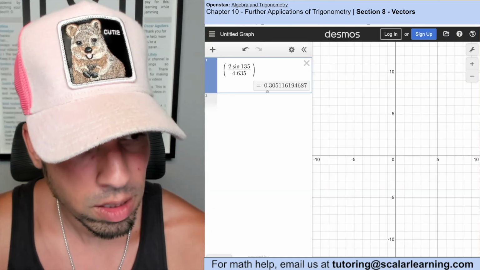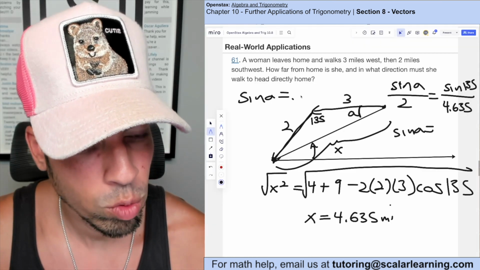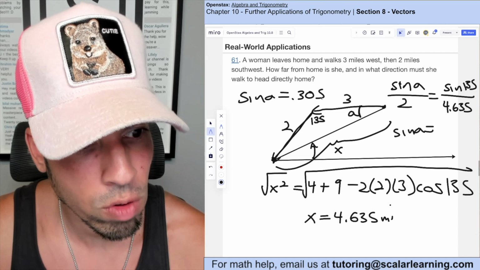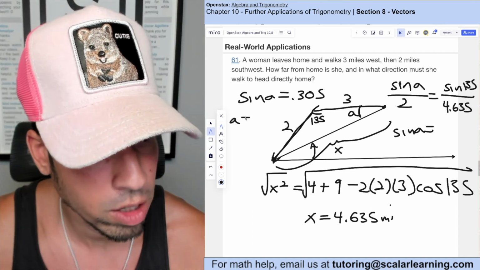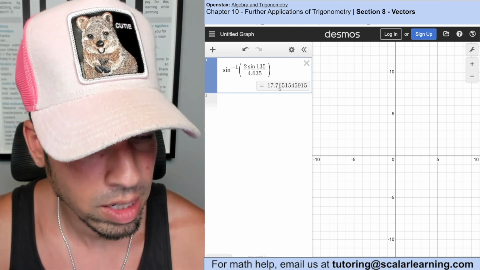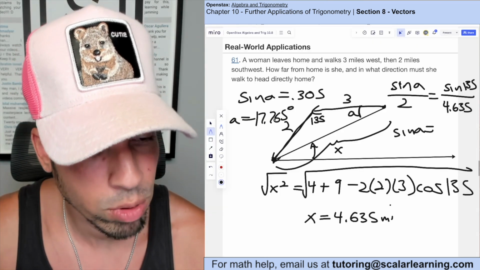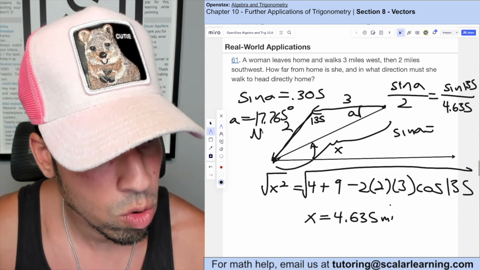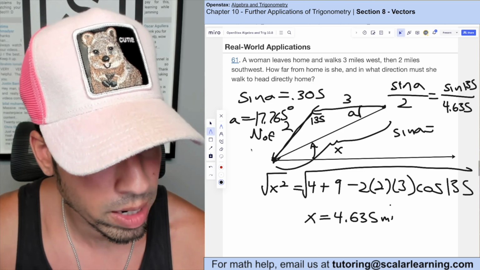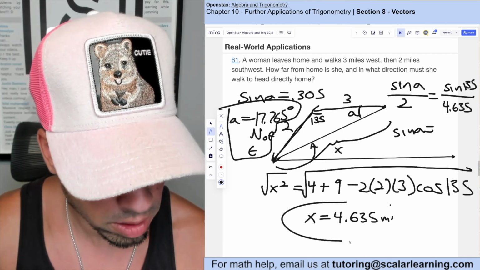When you plug it in, we get 0.305. So sine of A equals 0.305. To solve for this, we take arcsine of both sides. So A equals arcsine of that, which is approximately 17.765. So the bearing is 17.765 degrees north of going directly east. Those are the two answers.